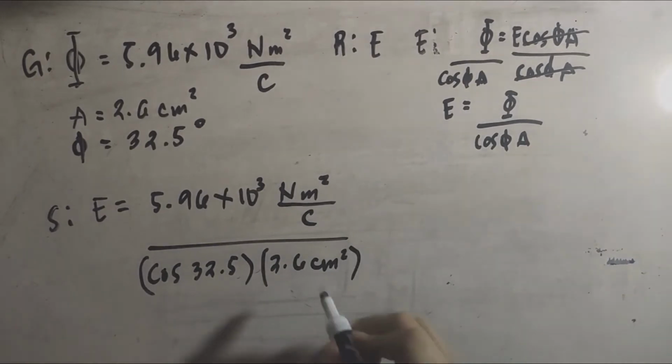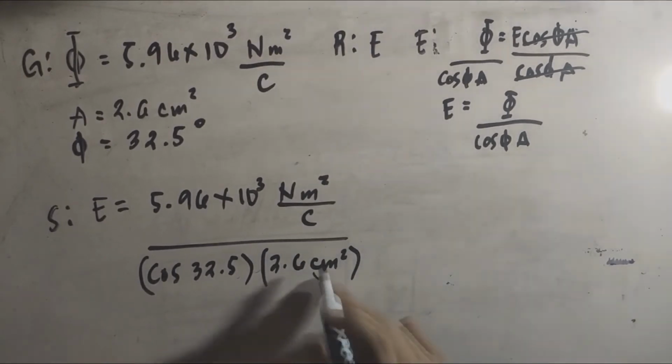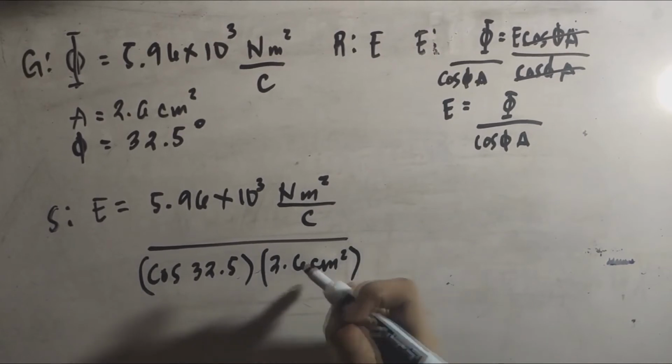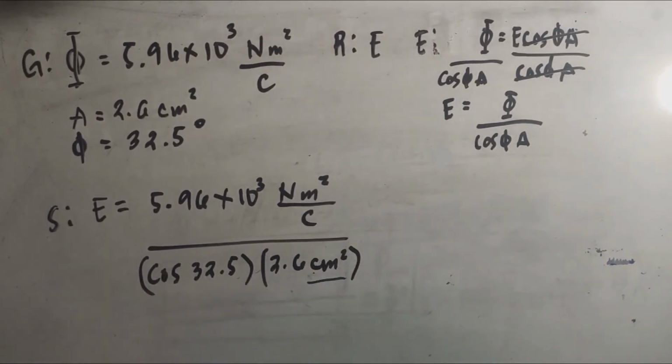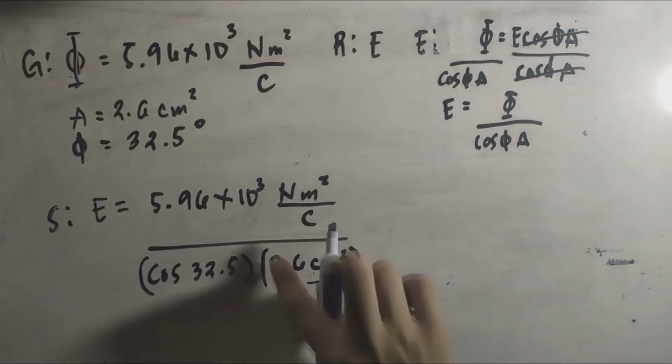Okay, but this cm we're going to change it to meter squared since this is not the base SI, right? So we're going to change this to meter squared. Okay, so what we're going to do for that is rewrite, so this is 2.6.